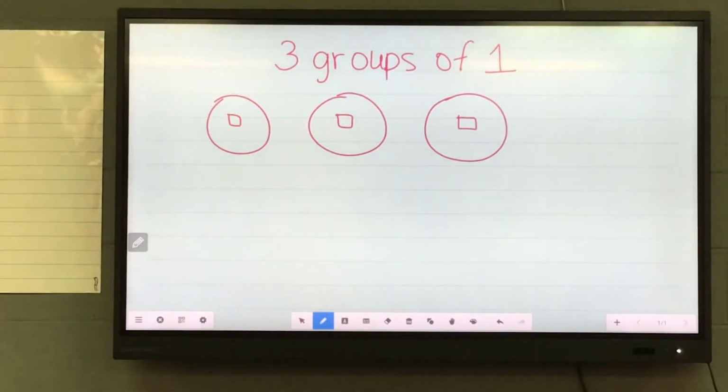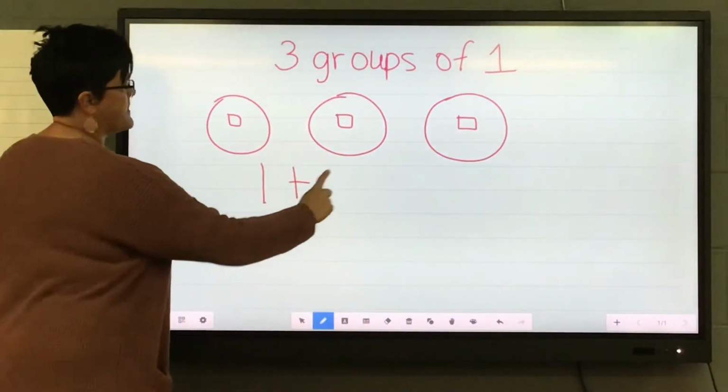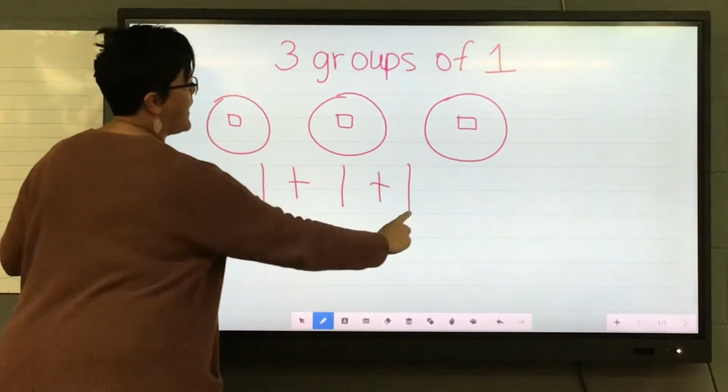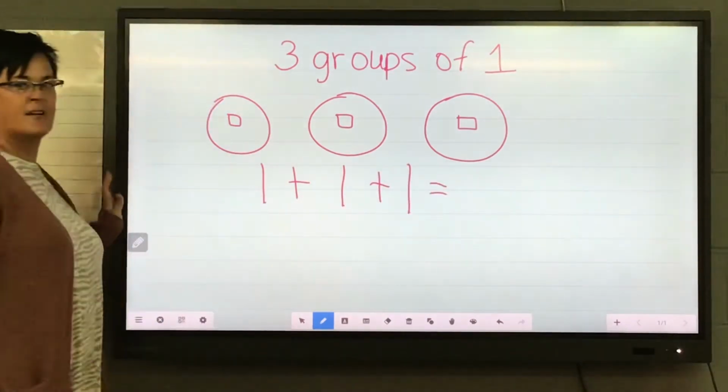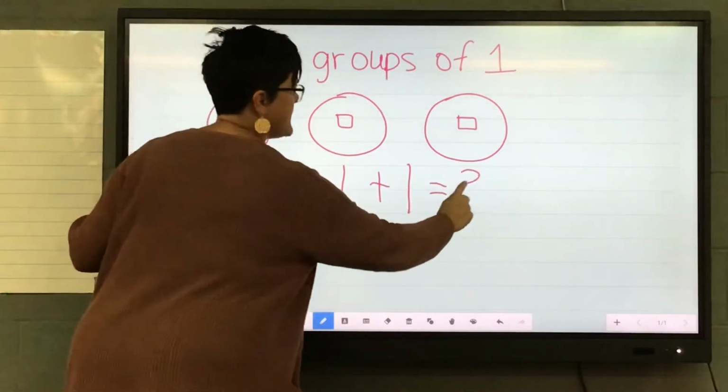How many groups do you have? So our repeated addition, say it with me, is 1 plus 1 plus 1 equals 3. Right, 1 plus 1 plus 1 equals 3.